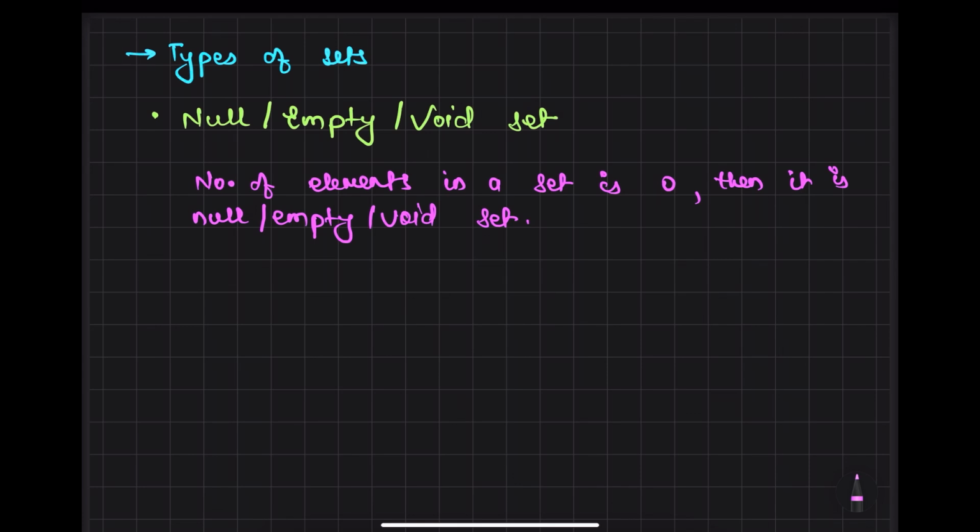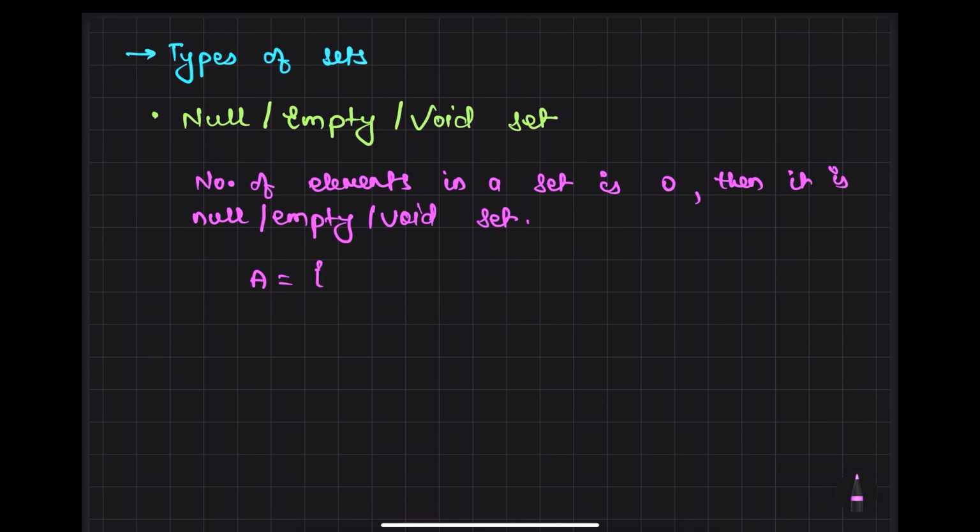Suppose that I have asked you one question to find out the prime number which is even except 2. You know that 2 is the only even prime number and there is no other even prime number available.